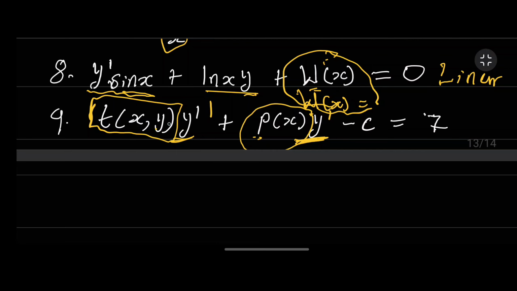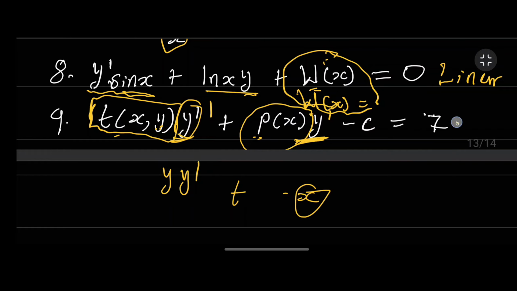And if it ends up having a y in it, and this thing goes to multiply by that y, it will have a product of y and y prime, which is a violation of condition 2. So this is not linear unless otherwise stated that t of xy somehow depends on x only.